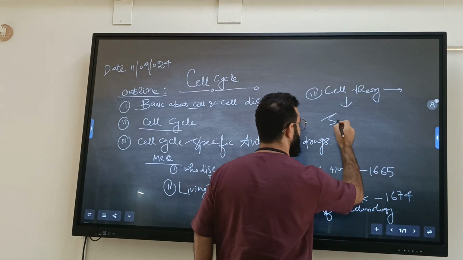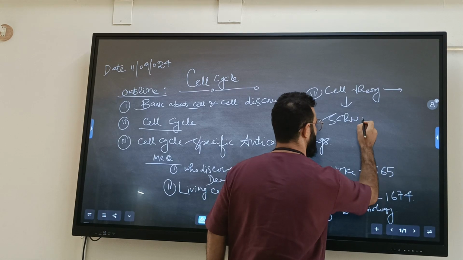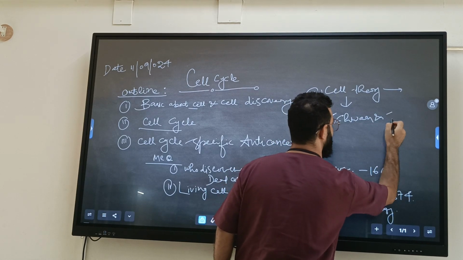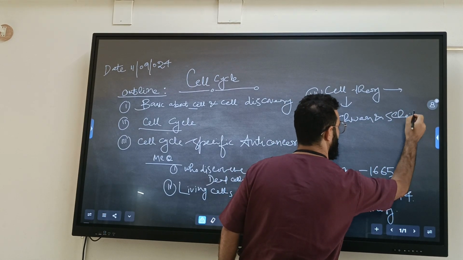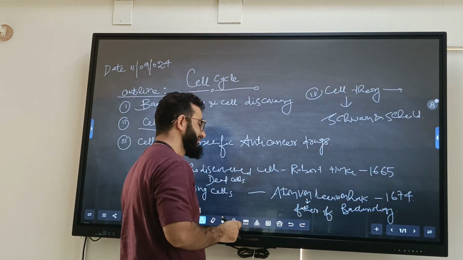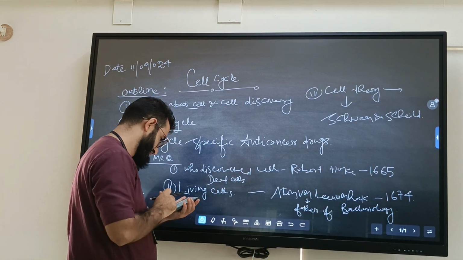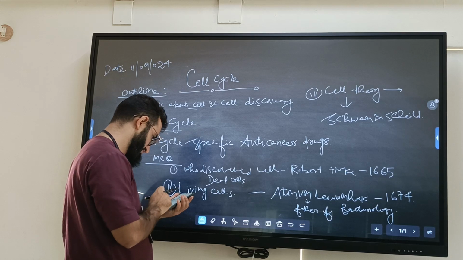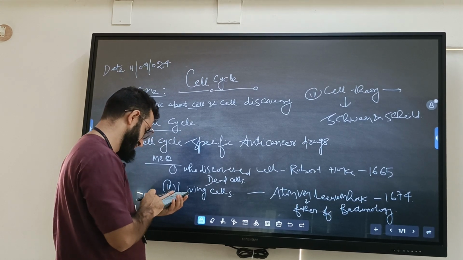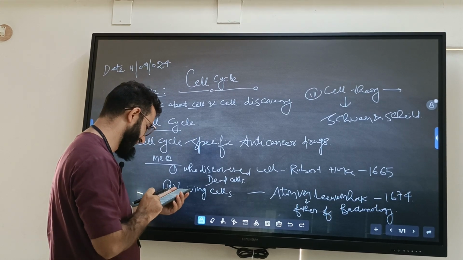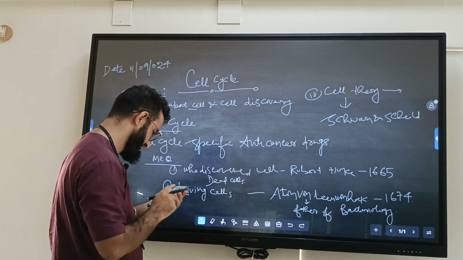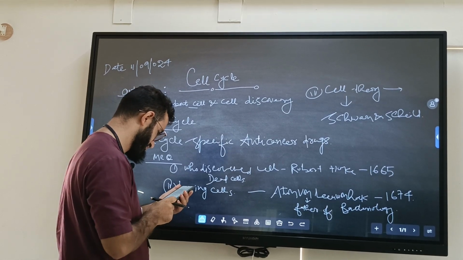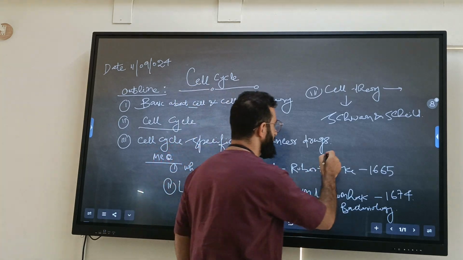Schwann and Schleiden. They proposed the cell theory. Okay.